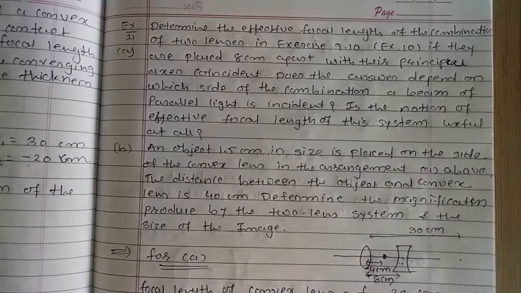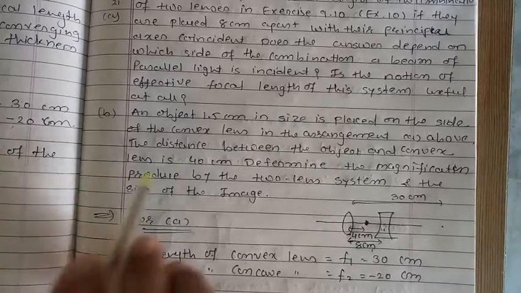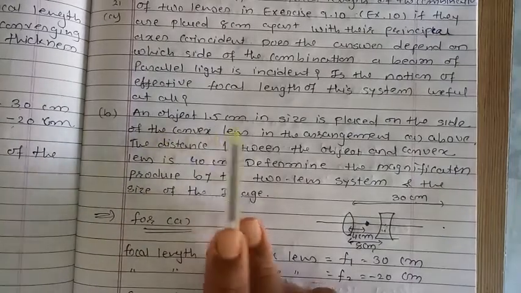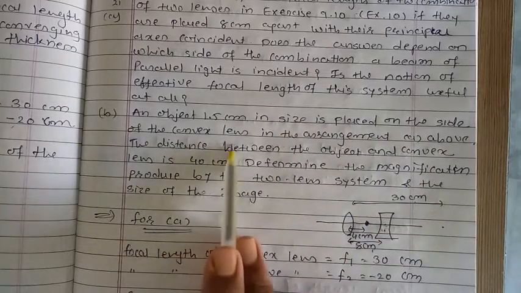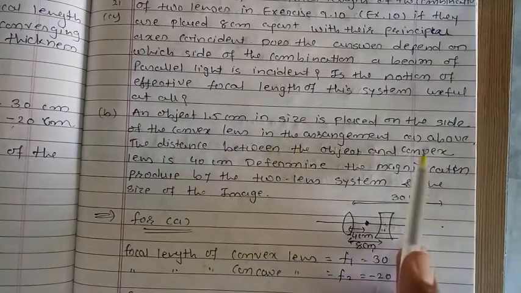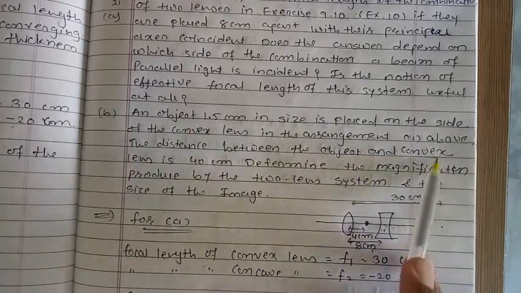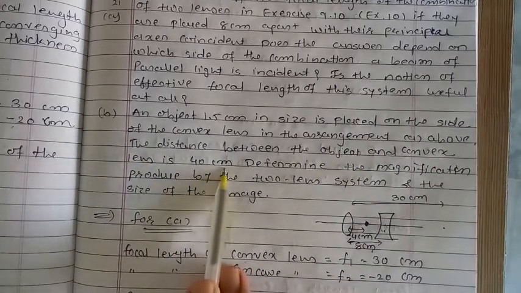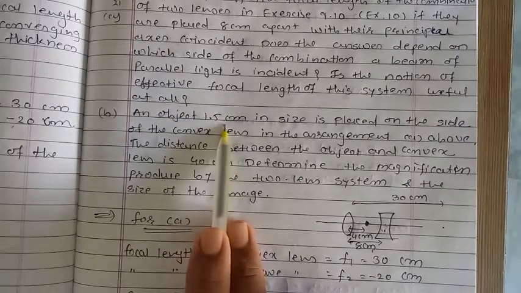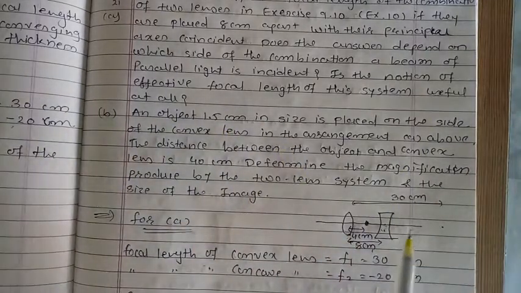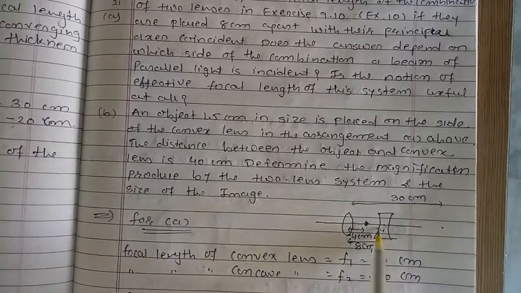Now we discuss our second section. An object 1.5 centimeter in size is placed on the side of the convex lens. In the arrangement above, the distance between the object and convex lens is 40 centimeter. So here we know the height of the object is 1.5 centimeter. The arrangement in the first case: we have to arrange first convex and second concave lens.